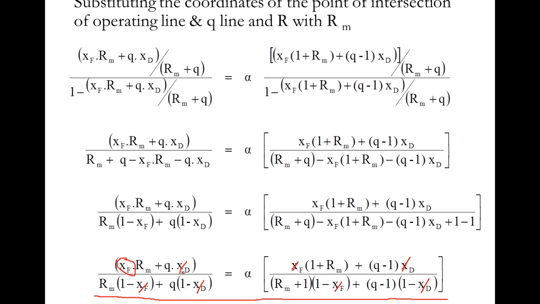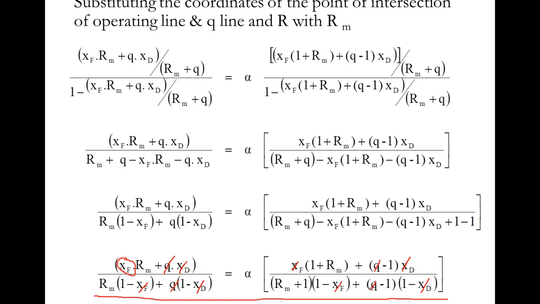And then what is left there is q. So q is something we know because we are the one who is introducing the feed. The q depends on the physical condition of the feed, whether it is boiling point liquid, or saturated vapor, or partially vaporized liquid, whatever.